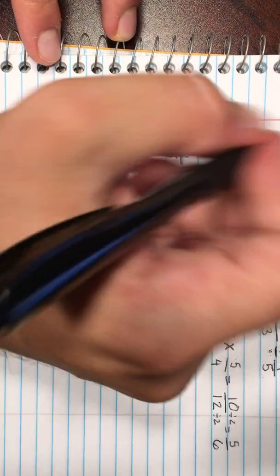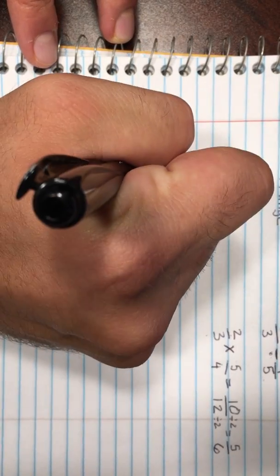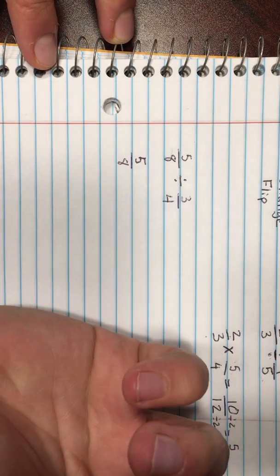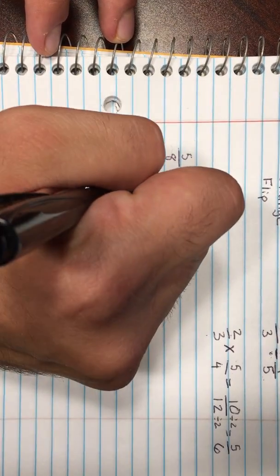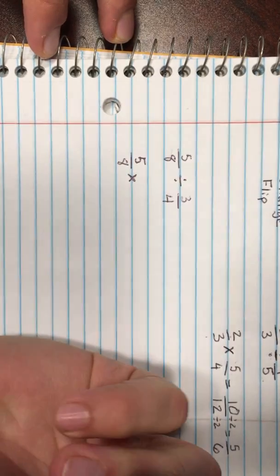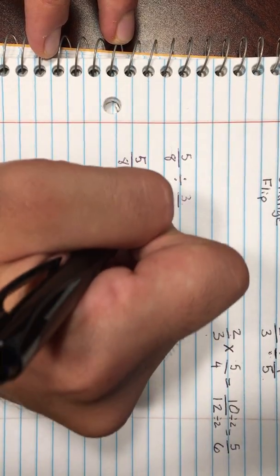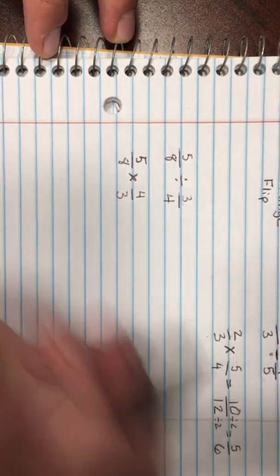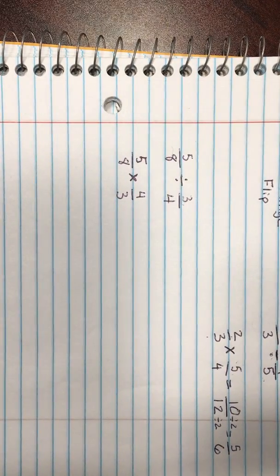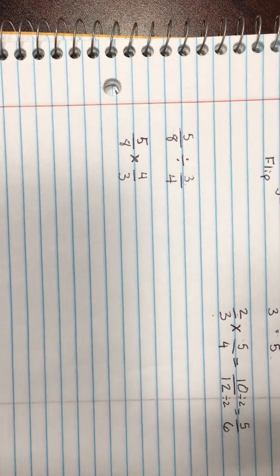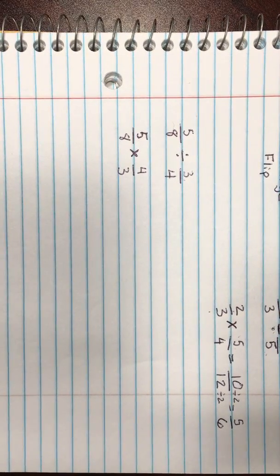So we're going to keep that first one of 5/8. We're going to change that division sign to a multiplication sign, and we're going to flip this fraction. So 4/3 instead of 3/4.